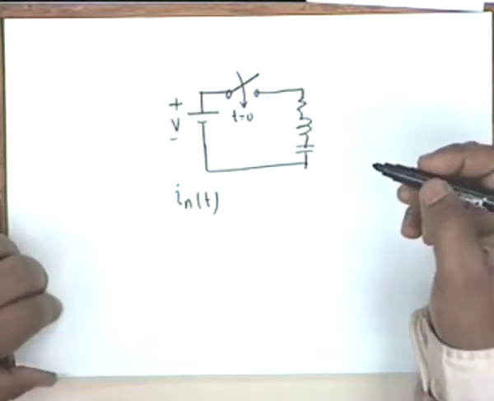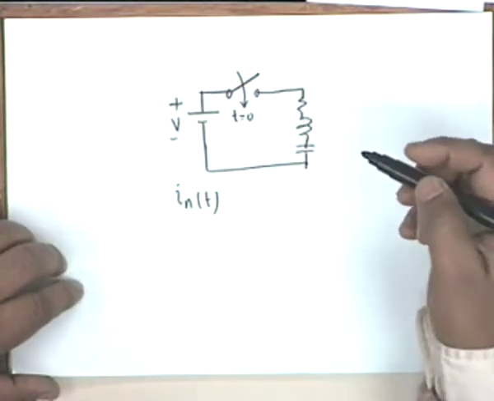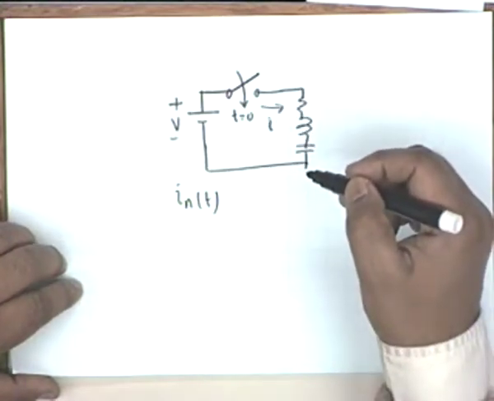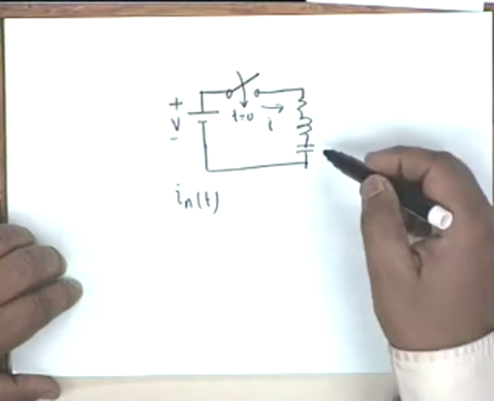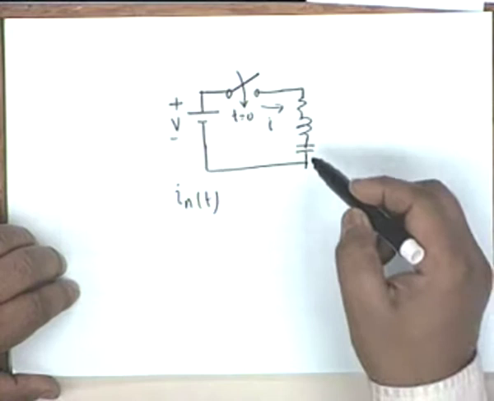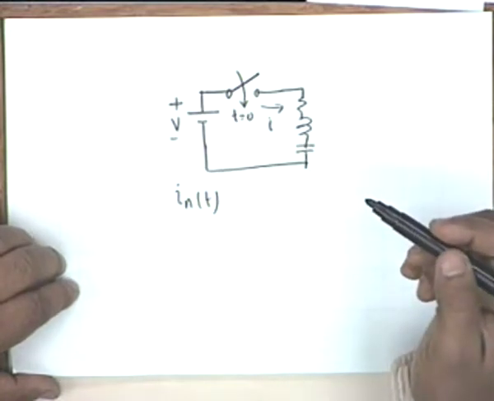What about the forced response? The forced response for the current obviously is equal to 0, because at infinite time, to the battery the capacitor acts as an open circuit.